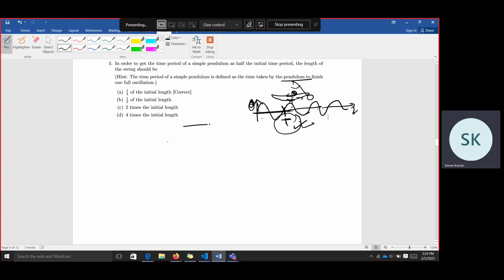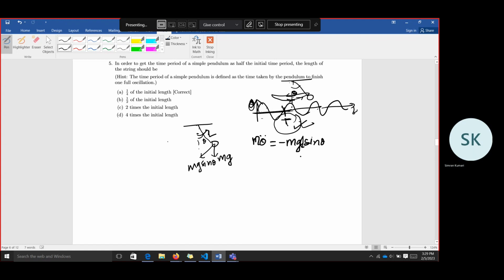If we talk about a pendulum, obviously we have this equation, that mg is acting in this direction. We have mg sin theta. And suppose this is the length L. So m theta double dot equal to minus mg sin theta L.